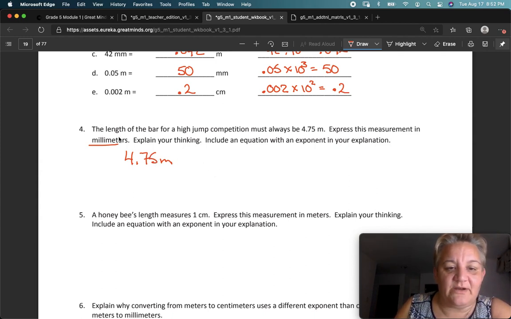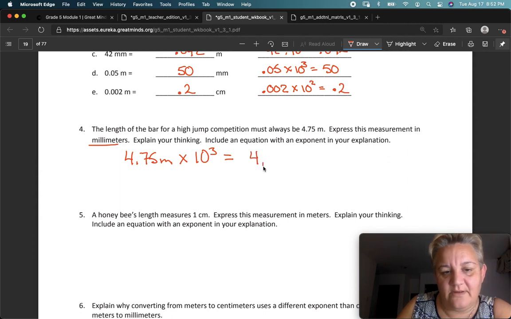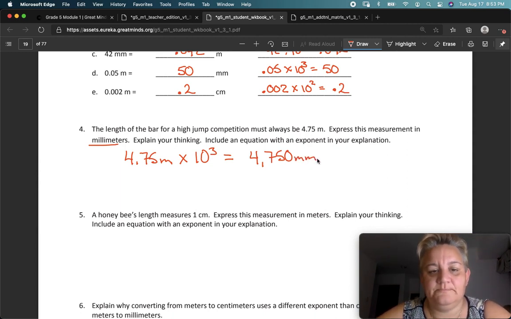That means that we are going to multiply, and it's meters to millimeters, so we're going to multiply by 10 cubed. And our new answer is 4,750 millimeters. Cool.